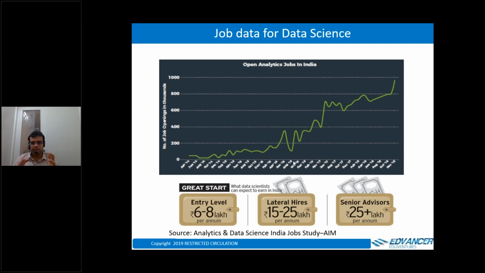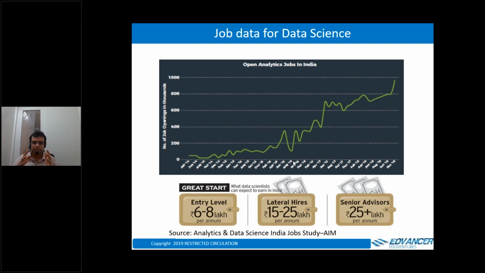As per this survey done by Analytics India magazine, the number of open analytics jobs in India goes on increasing. And as per Accenture, what data scientists can expect to earn in India is, at an entry level, which is right out of college, 6 to 8 lakhs per annum.